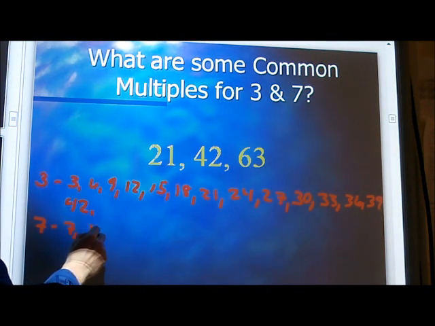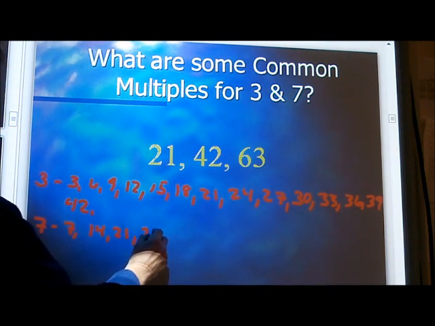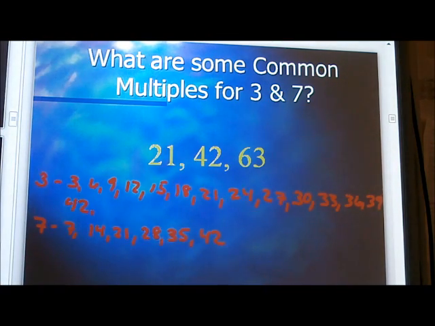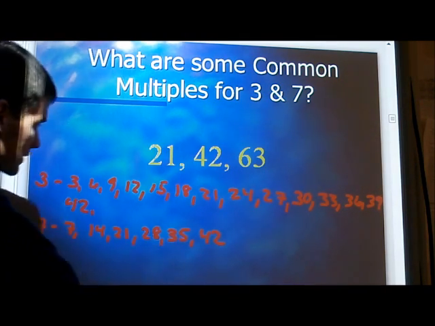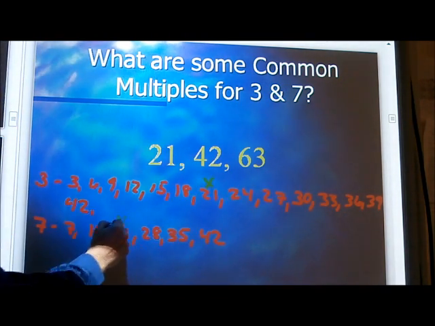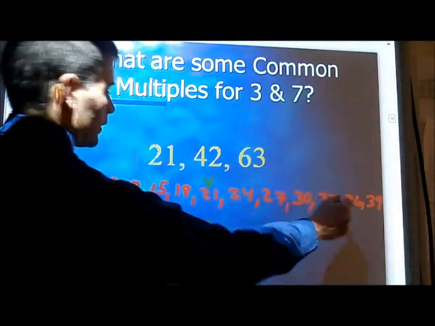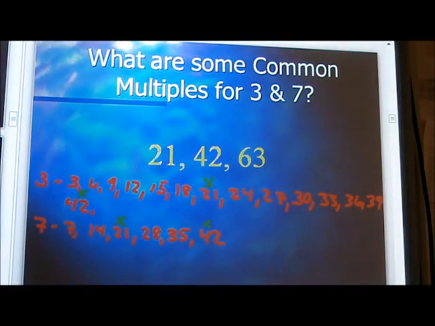And 7, 14, 21, 28, 35, 42. If I look at common multiples, I can see that 21 and 21 work. Okay, I can see that 42 and 42 work.